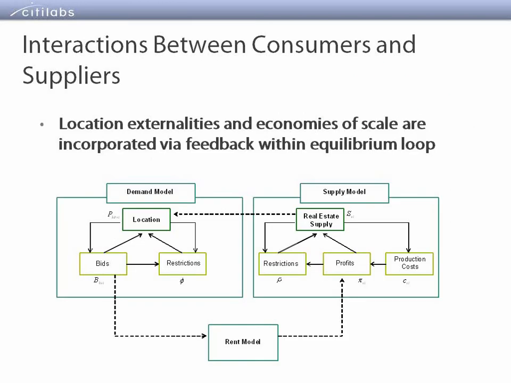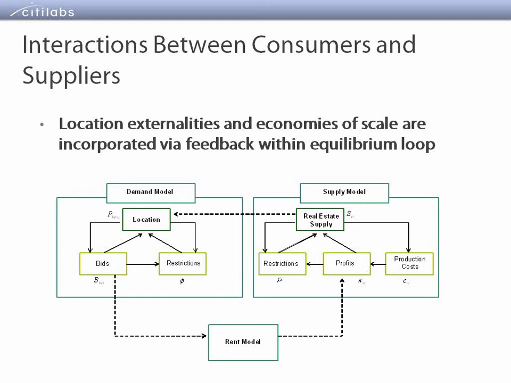It also takes into account interactions between consumers and suppliers inside this sort of overall solution for an equilibrium between demand and supply. So we have this big feedback loop from demand to supply using what's called a rent model. The rent model takes all of the bids or willingness to pay for a particular real estate type in a particular location and aggregates those together to get the expected willingness to pay, which is the rent that you can expect to receive from a consumer if you go out and sell a piece of real estate in a particular location.